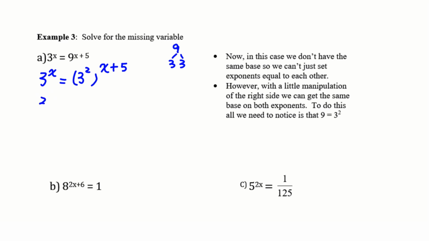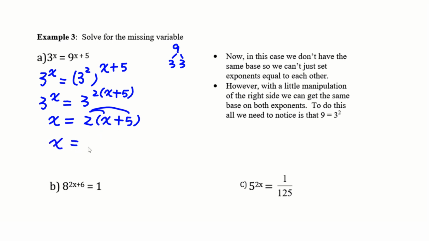So this one, we are going to apply power of a power. The exponents multiply, so 2 times x plus 5. Then each side has the same base, 3. The powers are equal, so the exponents should be equal: x equals 2 times x plus 5. And this is a linear equation. In order to solve it, we need to get rid of the bracket in order to collect the like terms.